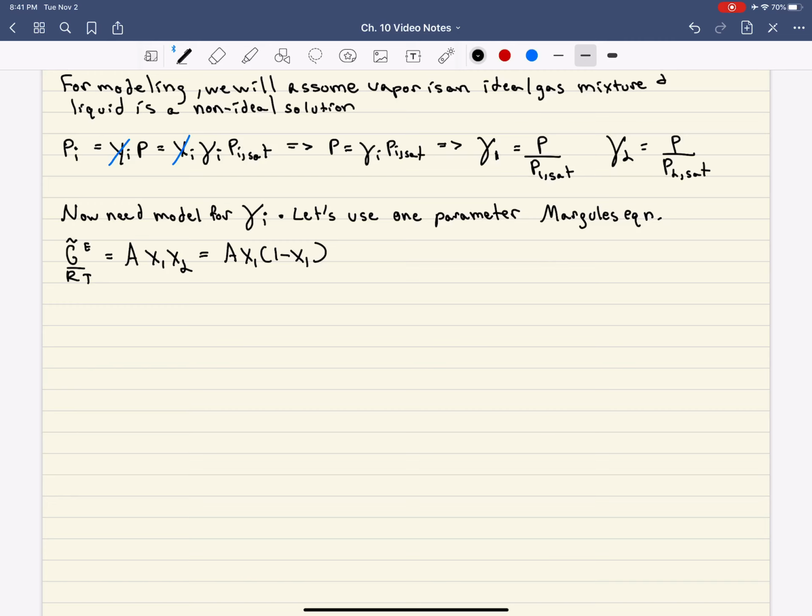Now, we know that the activity coefficients are related to the partial molar excess Gibbs energy. If we go through that calculation, we get that the ln of gamma 1 is equal to A x2 squared, and the natural log of gamma 2 is equal to A x1 squared.